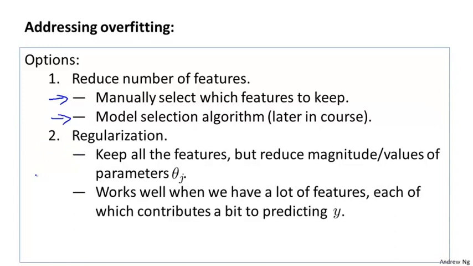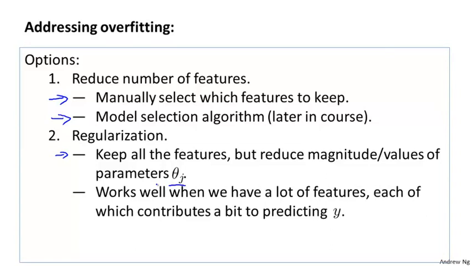Here, we're going to keep all the features, but we're going to reduce the magnitude or the values of the parameters theta j. And this method works well, we'll see, when we have a lot of features, each of which contributes a little bit to predicting the value of y, like we saw in the housing price prediction example, where we could have a lot of features, each of which are somewhat useful, so maybe we don't want to throw them away.